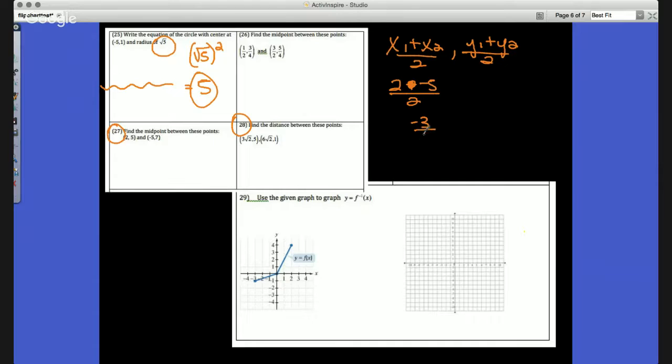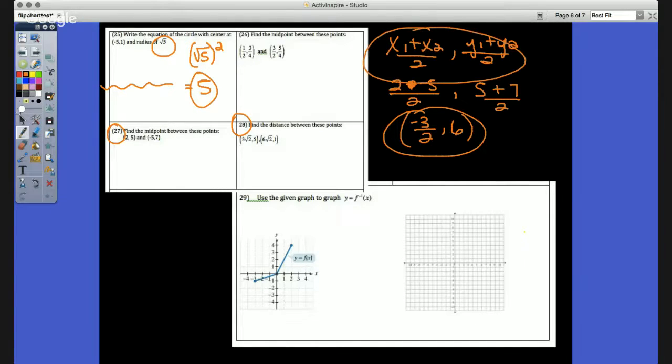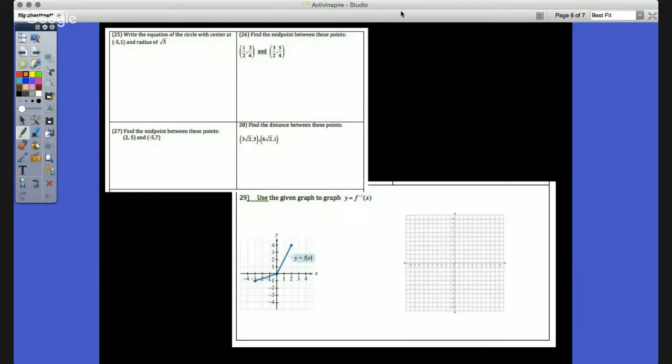So it's -3 halves for my x midpoint. y1 plus y2 would be 5 plus 7 divided by 2, so that's 12 divided by 2, which is 6. My midpoint would be -3 halves, comma, 6. Remember our midpoint formula on that, okay?